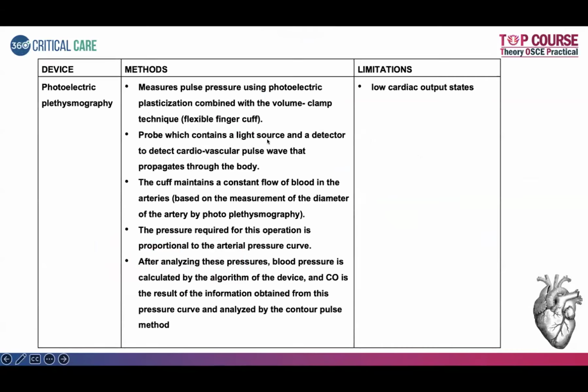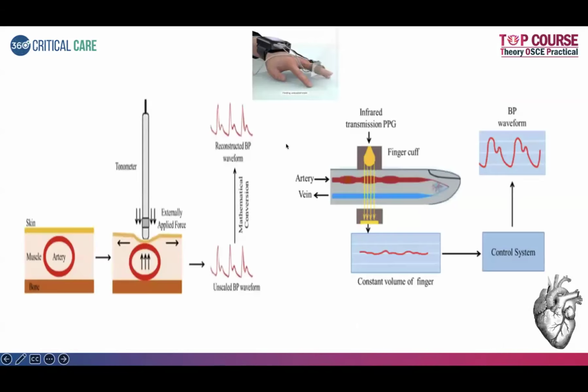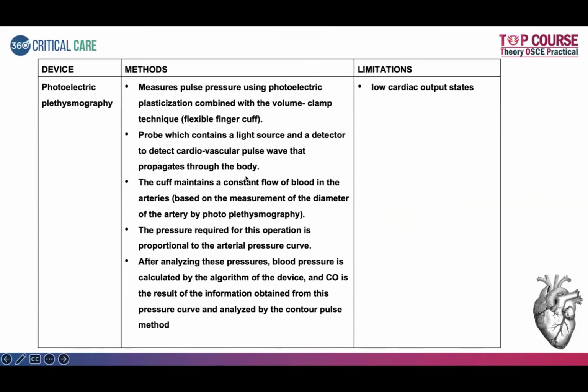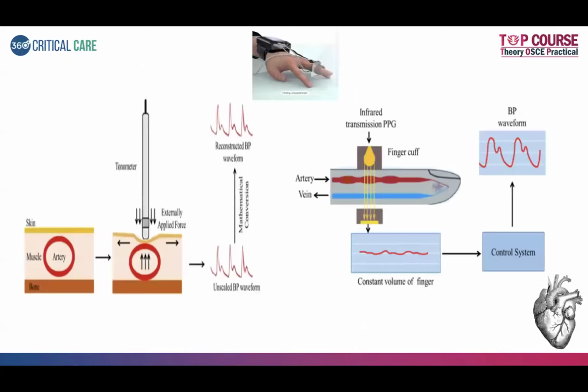The probe contains the light source, that is the PPG, and a detector at the fingertip. There is a cuff which maintains the constant flow of blood in the arteries, which gives us the waveform. After analyzing these pressures, the blood pressure is calculated by the algorithm of the device, and the cardiac output is calculated using the waveforms and the blood flow which is sensed by the PPG. Limitations could be low cardiac output states, where the peripheral blood flow could be impaired, which may not give us the actual value.